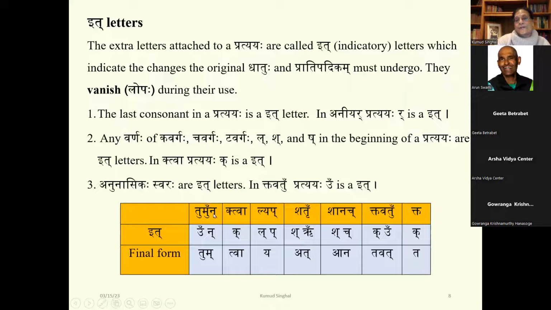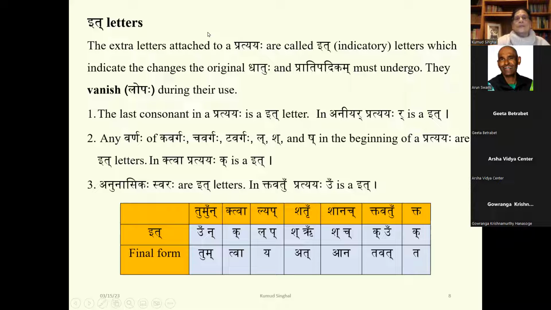Or in tumun, na is an it letter and ta is an it letter because it belongs to, no, sorry, ta is not an it letter. It's only the ka varga, cha varga, and ta varga. And anunasika swaras are it letters. For example, in tumun, this u has an anunasika, so that is an it letter.